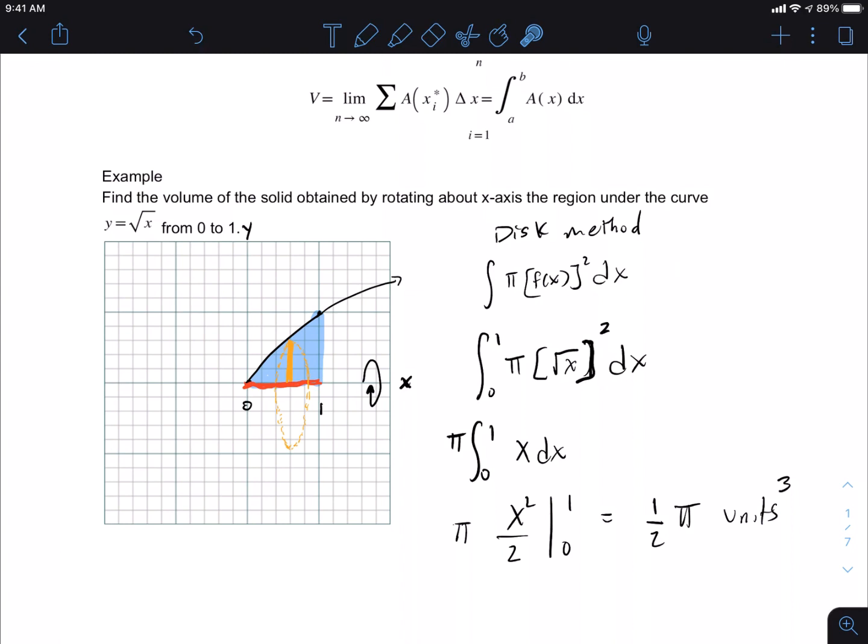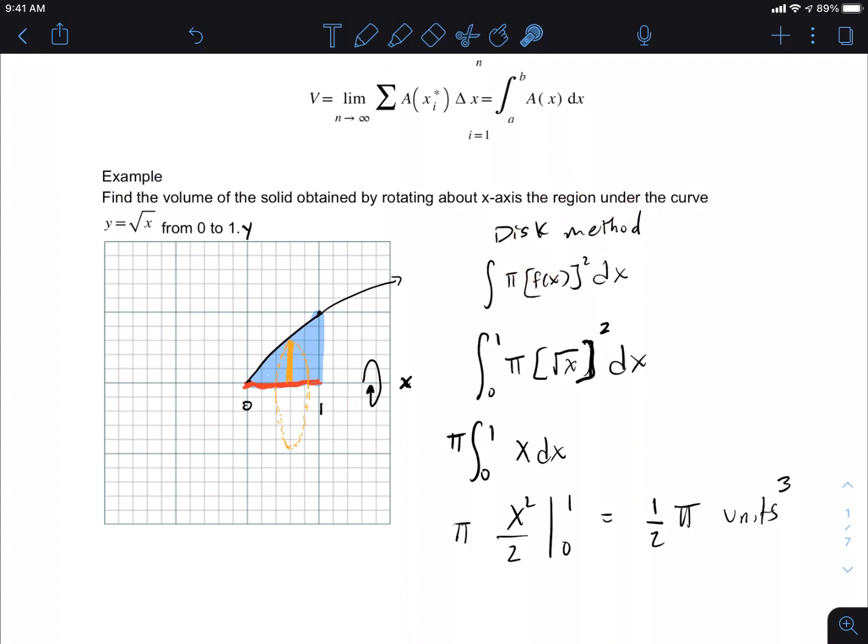So that's why I started off with, is there a gap to the axis of rotation? So was the blue shaded region gapped from the red line for the axis of rotation? The answer is clearly no, right? Yeah. So because of that, that tells me it's a disk method.